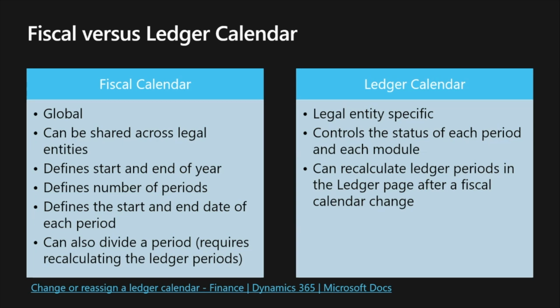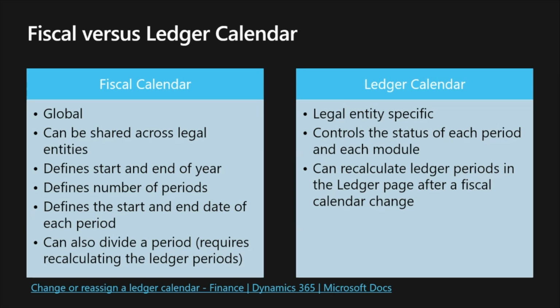Conversely, when we look at the ledger calendar, this is a legal entity specific copy of the fiscal calendar. The initial definition of the periods come from the fiscal calendar, and you can use it to control the status of each one of your periods.